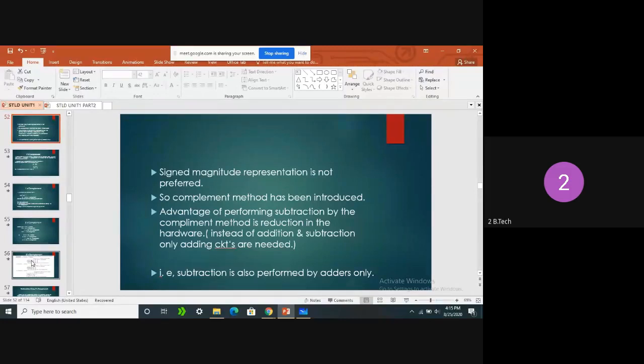Even our lab PC can be easily carried. That is the main advantage of electronics: circuitry is reduced and performance increased. Similarly, with the complement method, we can do addition and subtraction using a single circuit. Clear, all of you? How it is possible, we can see in the next class.